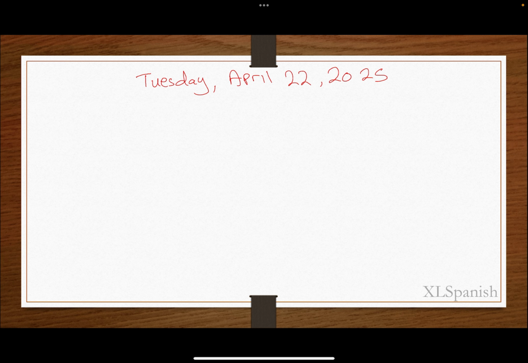The easiest way to do this is to rewrite the date so that it's easier to translate in Spanish. So in Spanish, you would not say April 22nd, 2025.